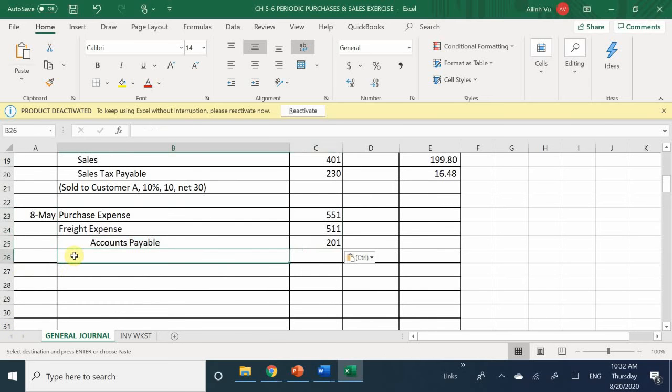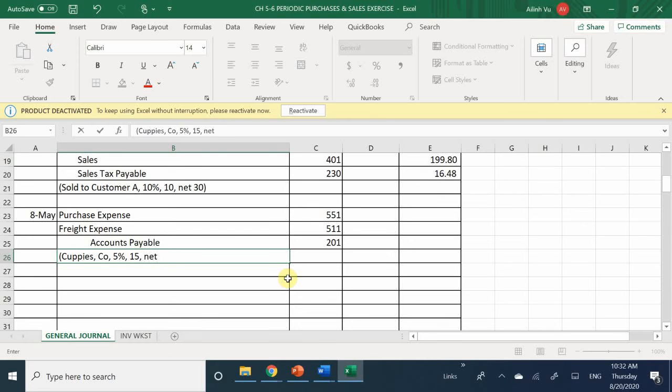All right. And we're going to indicate here, okay? How many items did we purchase? Let me do Cuppy's Co. purchase 250 mugs. Okay, Cuppy's Co. 5%, 15, net 30, and we purchased 250 mugs at what price? 2.75.